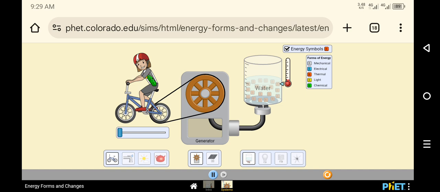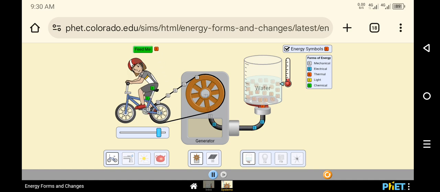Now you can see, if this man is riding, the chemical energy is converted to mechanical energy. When it goes to the generator, which will turn, the mechanical energy is converted into electrical energy in the wire.